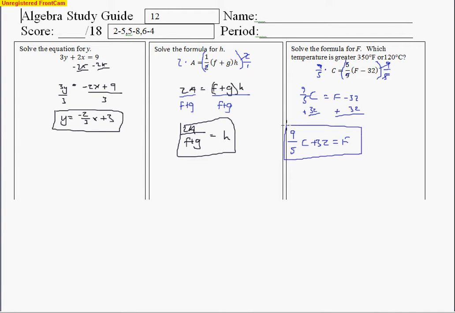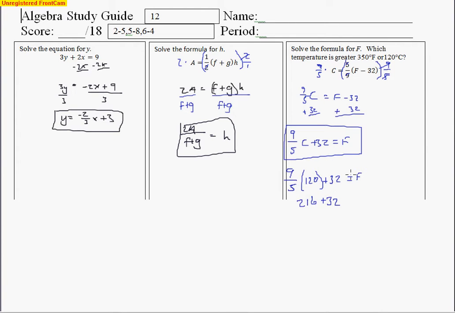The next part is to tell which is greater, 350 degrees Fahrenheit or 120 degrees Celsius. So I'm going to take that 120 and put it in for c here. So I'm left with 9/5 times 120 plus 32 equals the degrees Fahrenheit. So multiplying 120 by 9/5 is going to leave me with 216. And so I can rewrite this as 216 plus 32.